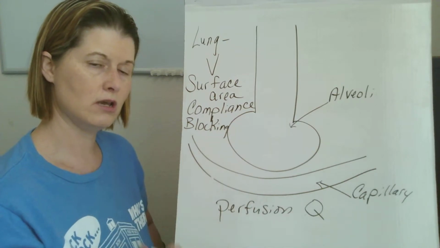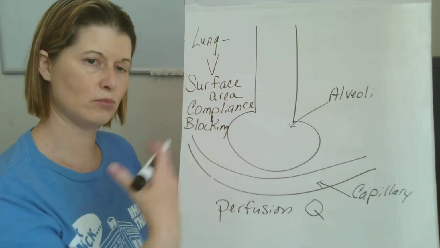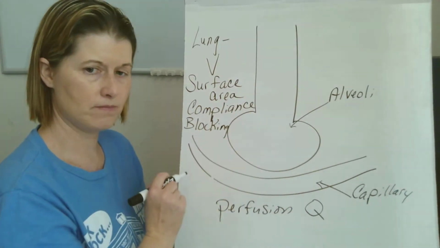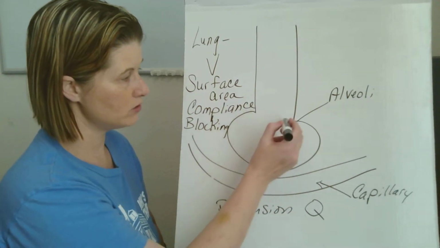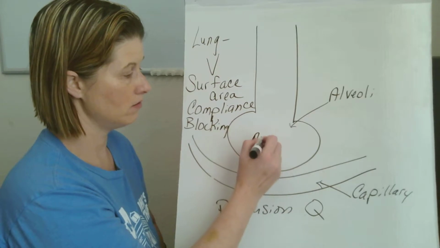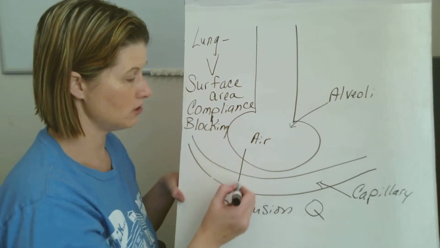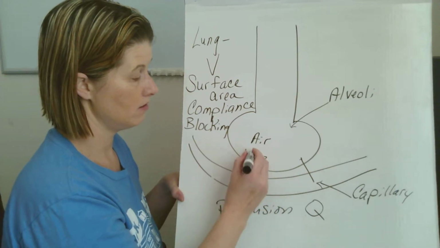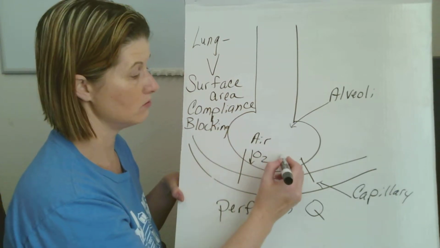Bring in oxygen, blow out CO2. All right, so we need to fill a balloon with air, and once there's air in here, it is going to exchange oxygen and CO2. Oxygen goes this way, CO2 goes this way.